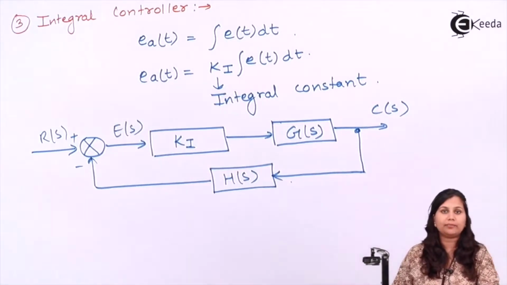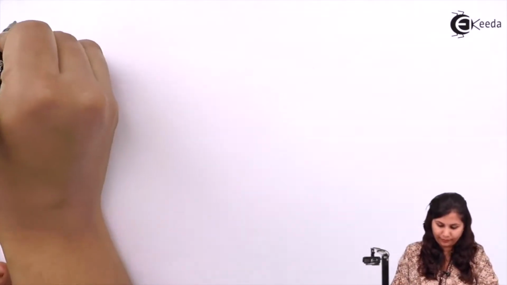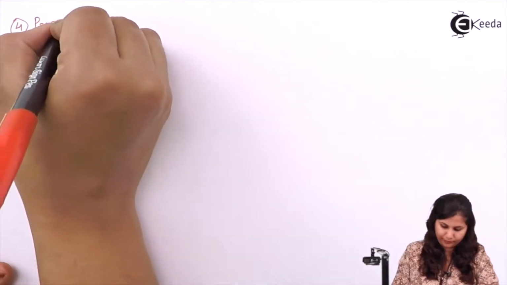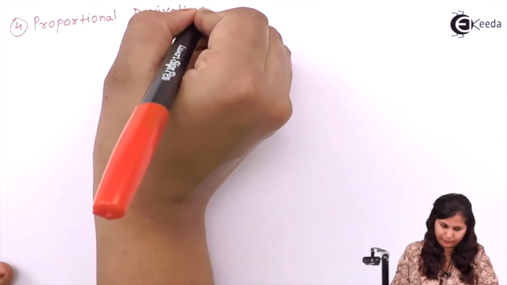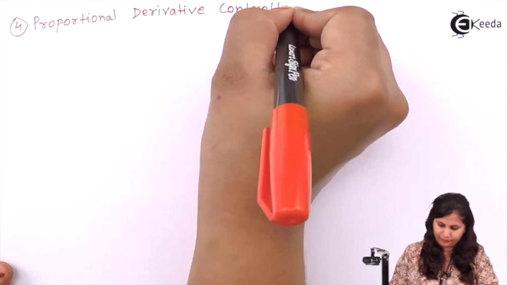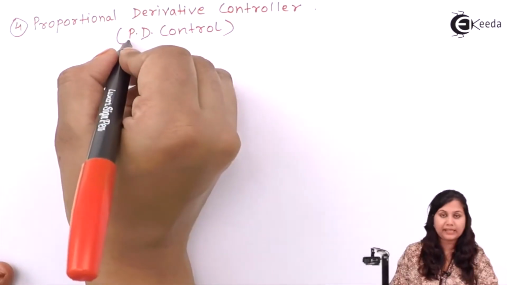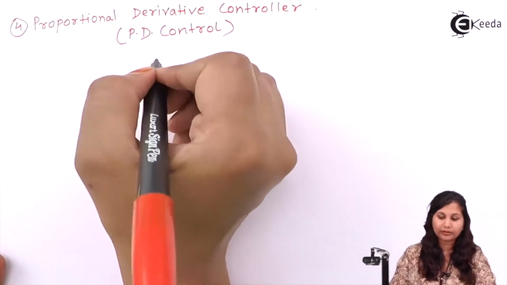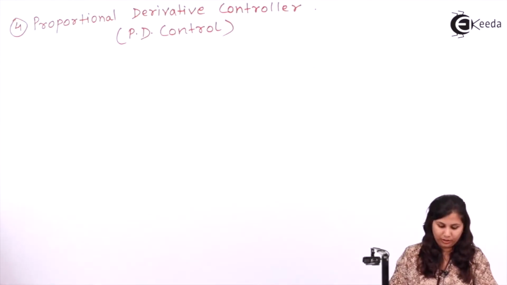First we will study the proportional derivative controller, also known as the PD controller. P is for proportional, D is for derivative.